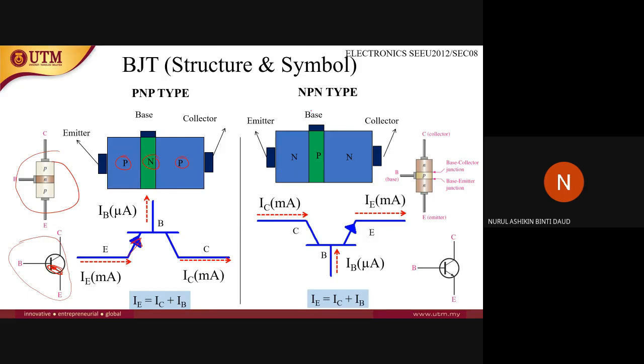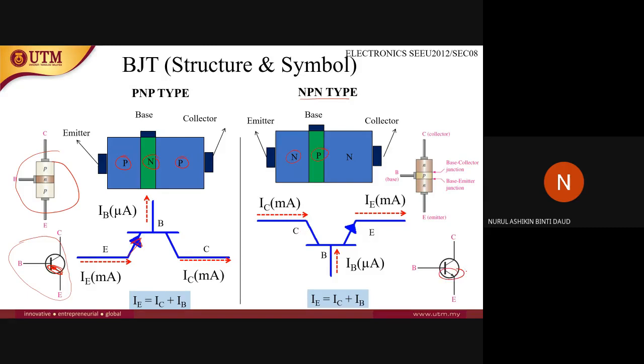Alright, so next look into the NPN type. For NPN type, the P region will be in the middle and separate the N regions. So the N regions will be the emitter and collector, and P will be the base.